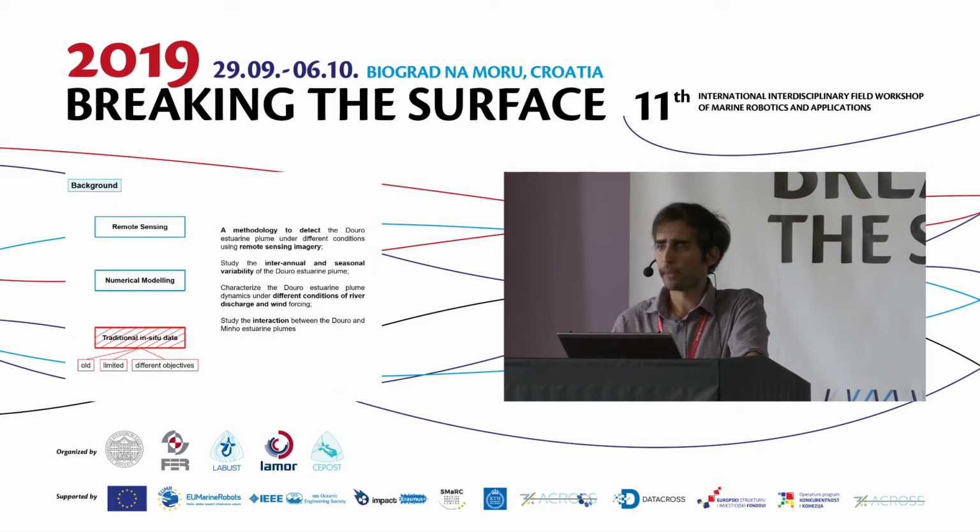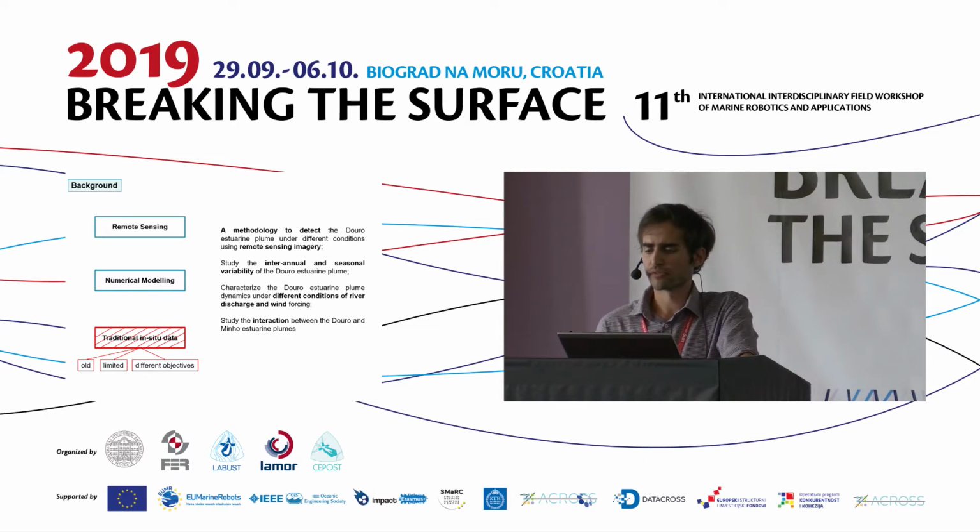So most of my background work results from remote sensing images and numerical modeling results. I use that to know more about the propagation of this plume. I also use traditional in situ observations like CTD casts and ADCP data, mostly for model validation, because they are relatively old, so it's very hard to find good data in some of the coastal regions in Europe.